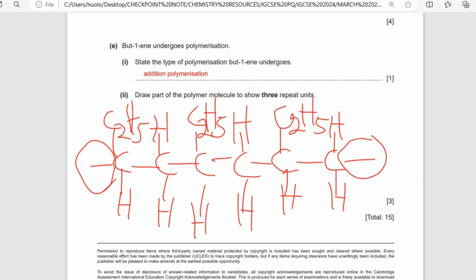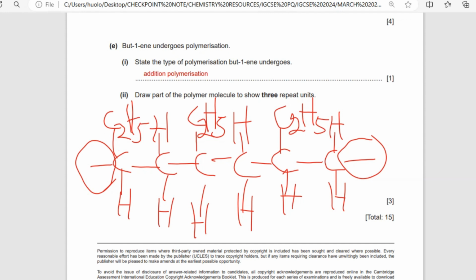I told you when you do addition polymerization, the focus is at the double bond. The focus is at the double bond. So however the molecule is naturally, you want to flip it to focus at the carbon-carbon double bond. Okay?